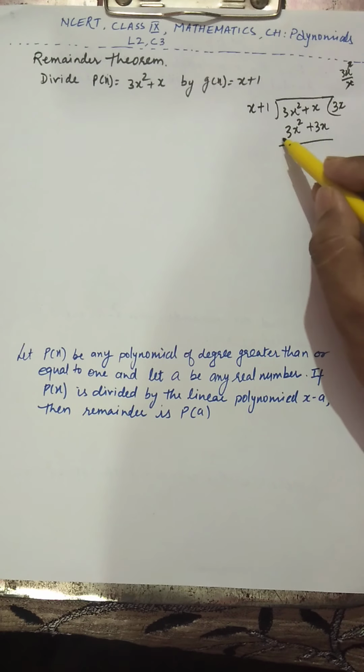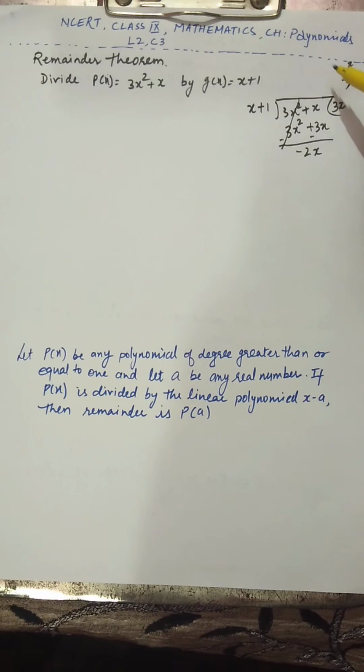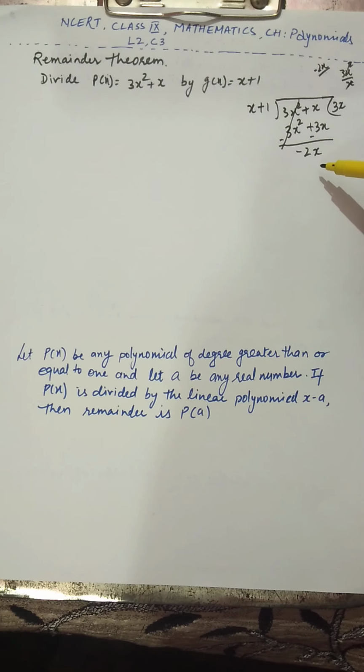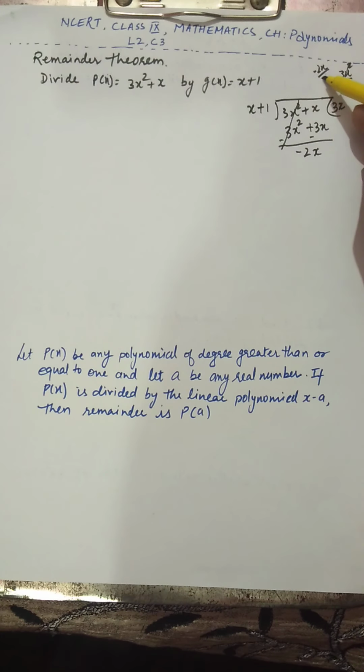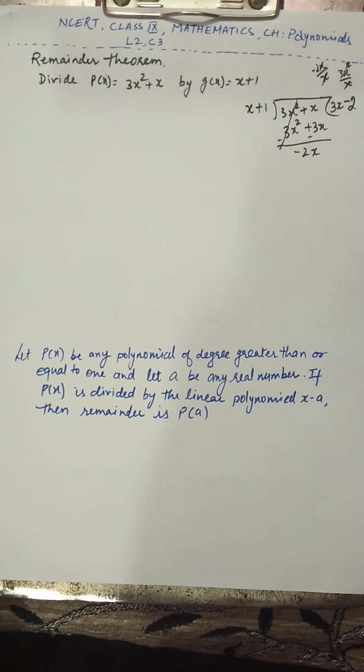Now you subtract, so this cancels, and this becomes -2x. Now the next step: you take this -2x, the first term of your new dividend, and divide it by the first term of the divisor. So this becomes -2. Write this -2 here, and this -2 will become the second term of the quotient.